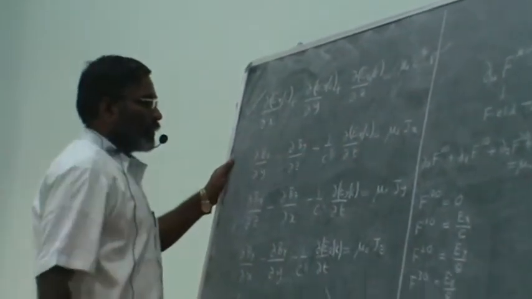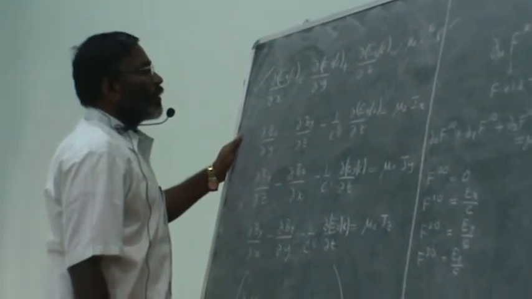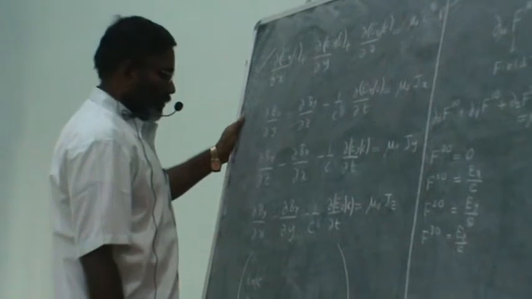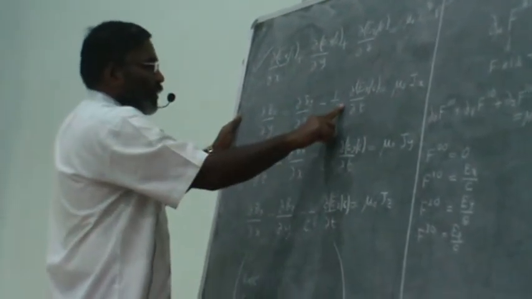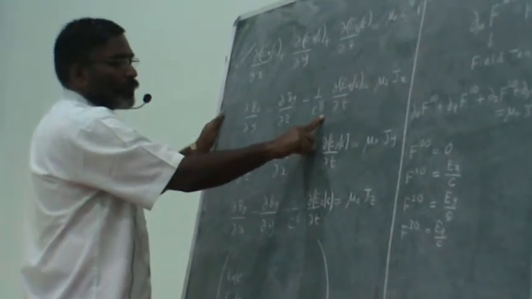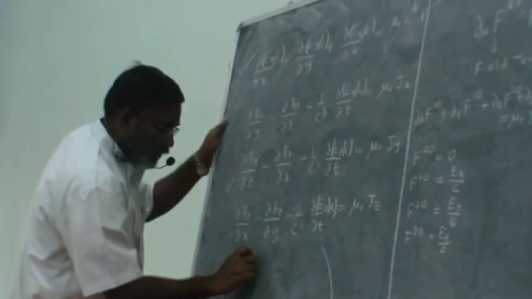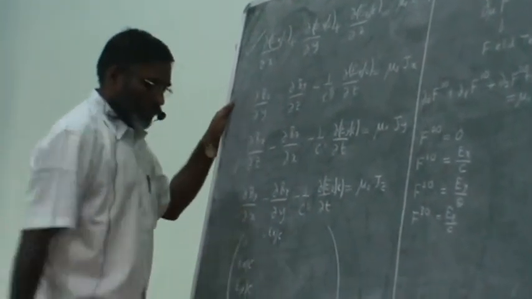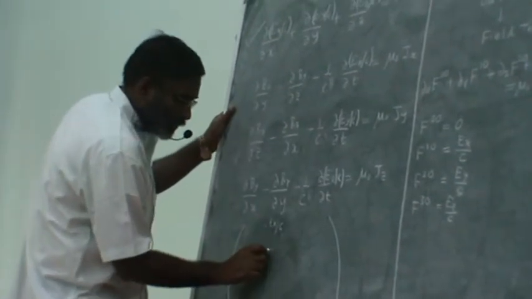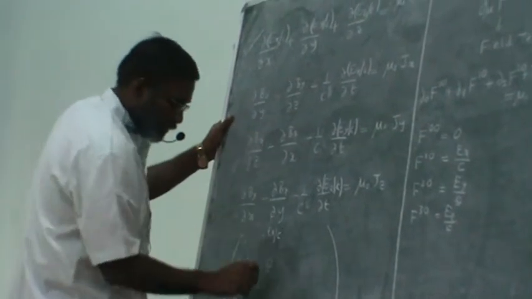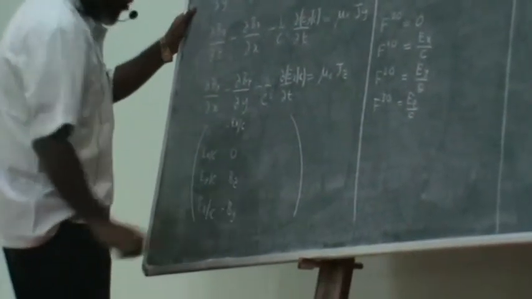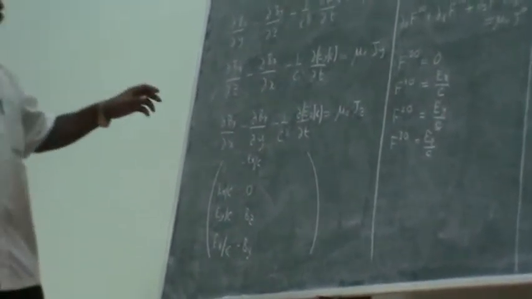So this is the j0 term here, and in this case it is minus Ex by c, and ∂/∂x is 0, ∂/∂y is ∂z and ∂/∂z is minus ∂y. That is the second column.